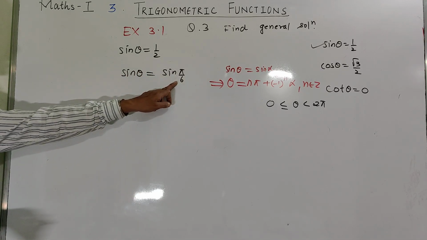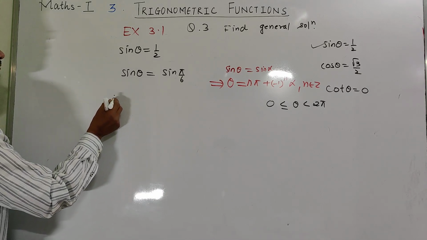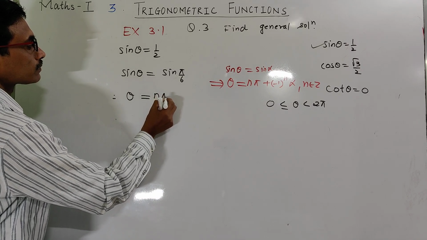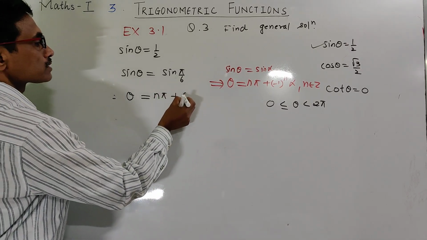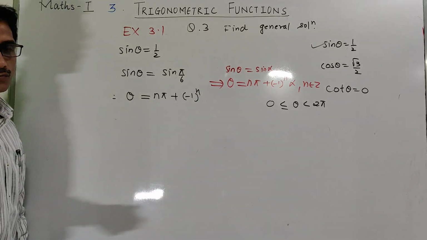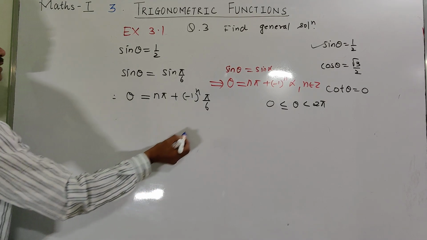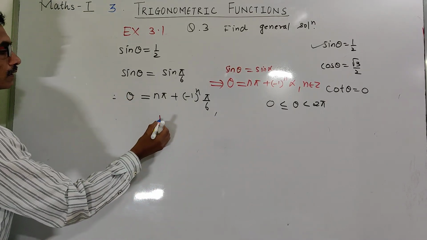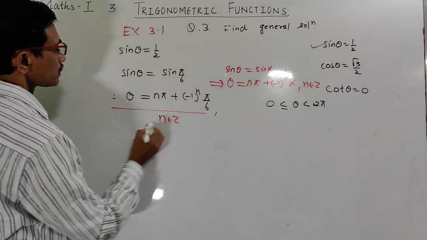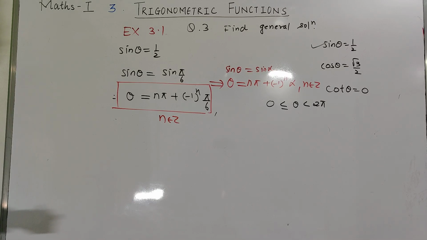Here alpha is pi by 6. Therefore theta is equal to n pi plus minus 1 raised to power n into pi by 6, where n belongs to Z. So this is our general solution of this trigonometric equation.